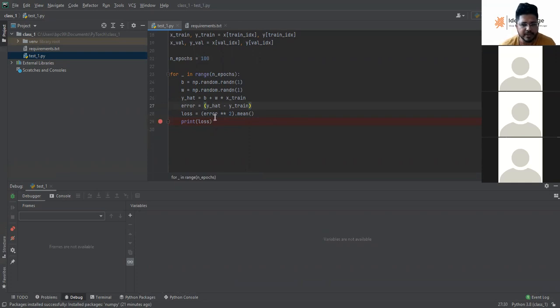What am I missing? What should be added? What line should I add here?